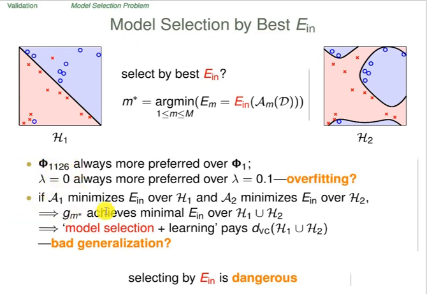If we consider further two models, A1 that minimizes in-sample error over the set of hypotheses H1, and A2, the algorithm that minimizes in-sample error over a different set of hypotheses, H2, the best model would be selected as g_M star with minimal in-sample error over the union of the two hypotheses, H1 union H2. This way of selecting a model means the learning would have to pay the price of complexity in terms of VC dimension, the Vapnik-Chervonenkis dimension.